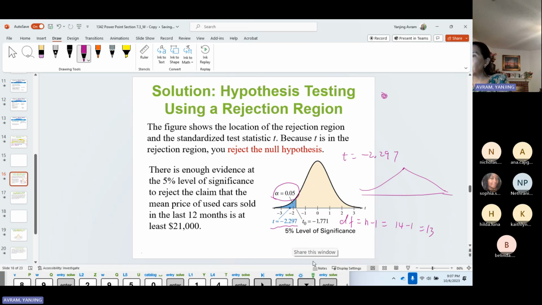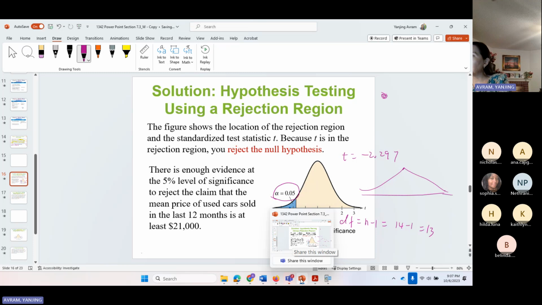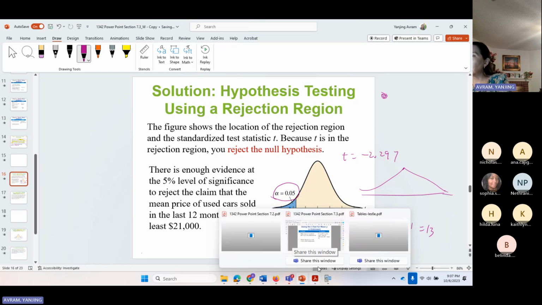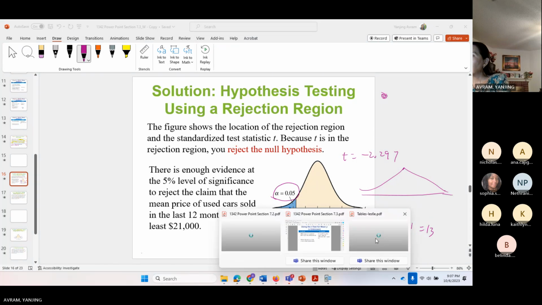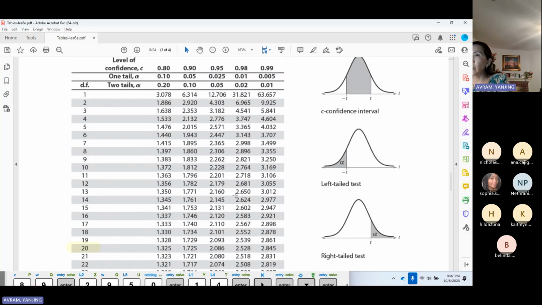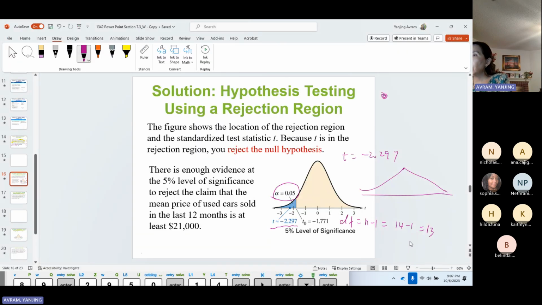If you read the critical value, df is 13, so 13 right here. The alpha for one tail is 0.05, so you have 1.771 for the critical value, but it's a left tail, so you put a negative in here.